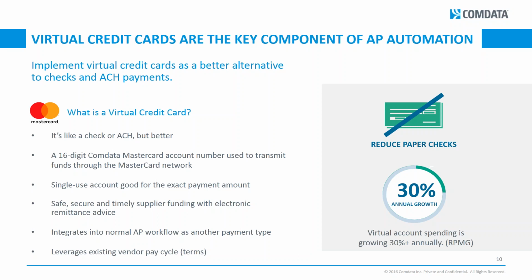Immediately after the vendor enrollment caller collects that email address, that vendor to be paid is going to receive a welcome email. That welcome email is going to be branded with the Comdata client's contact information, names, logos, etc. Included in that email is going to be the first 6 digits of a credit card number.